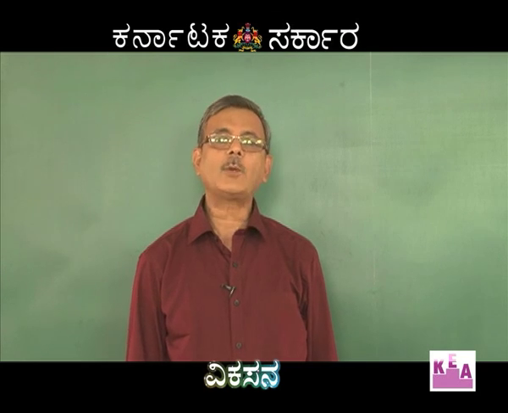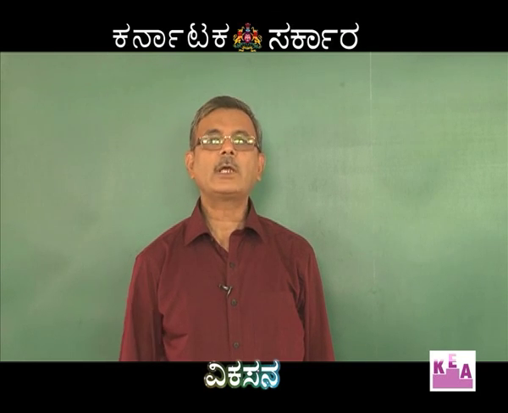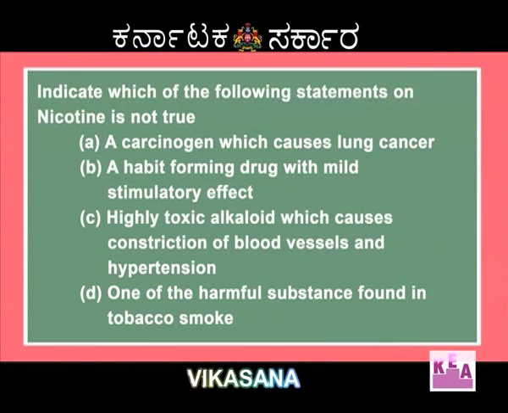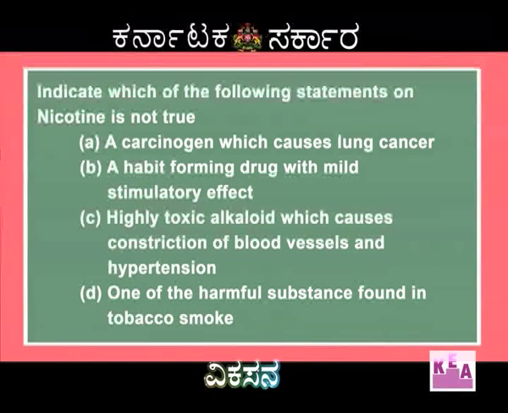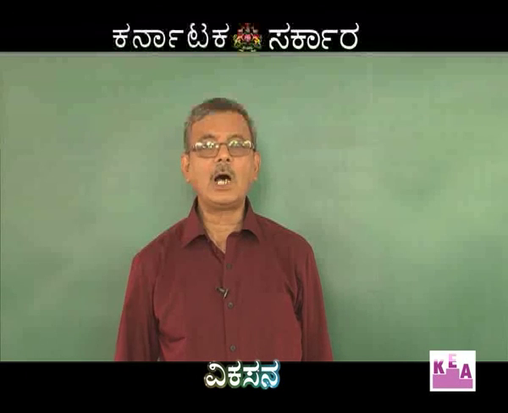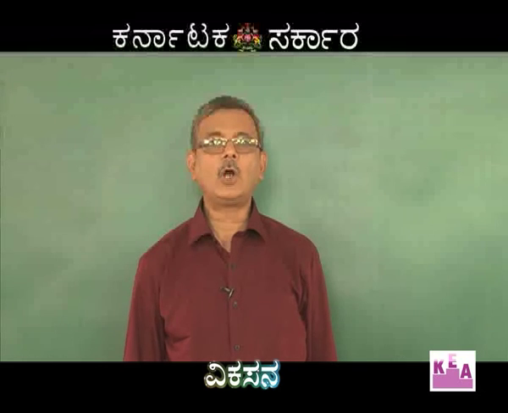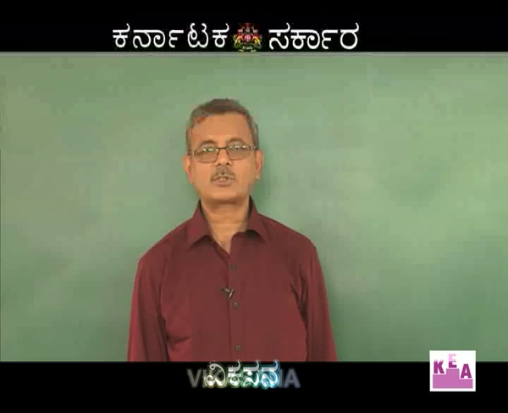The moment we talk about tobacco, we think of nicotine only. But nicotine has no carcinogenic property. As an alkaloid, it is stimulatory. It is harmful, leading to addiction. It causes constriction of blood vessels and hypertension, but it has no carcinogenic property. It is the tobacco tar which has a large number of carcinogens.